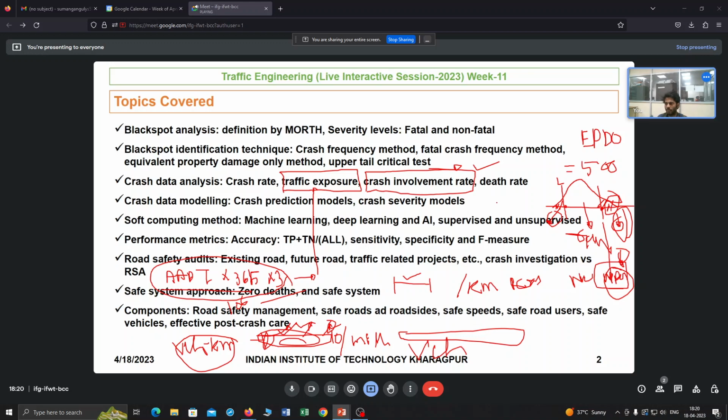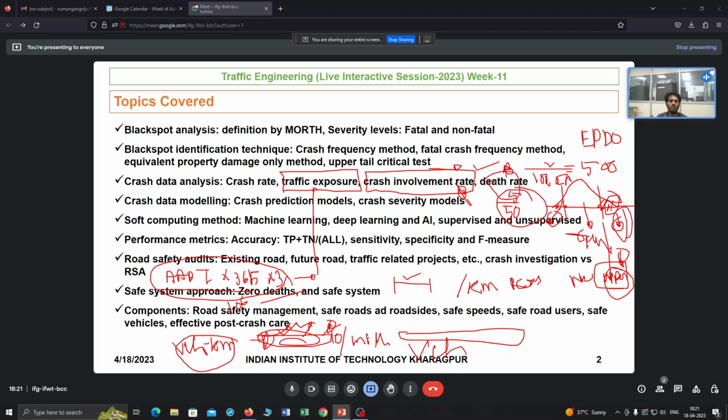So if you have 50 vehicles, how many vehicles are causing problems? So 5 by 50 is your crash involvement rate. Then the death rate is per 100,000 population, how many people died? That is called the death rate.